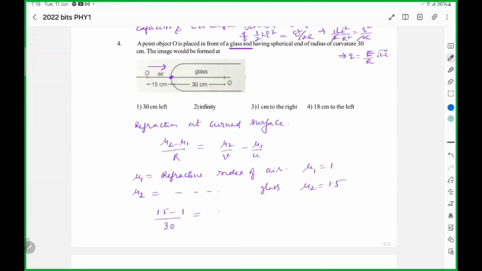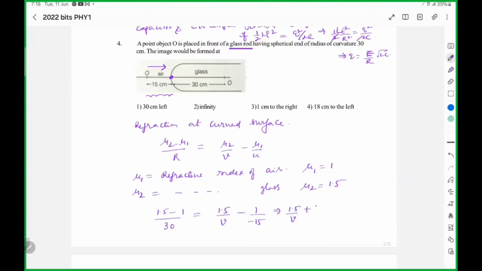So mu2 will be 1.5. V is image distance. Mu1 is air. So here we are measuring object distance against the direction in which the ray travels, that is minus 50.